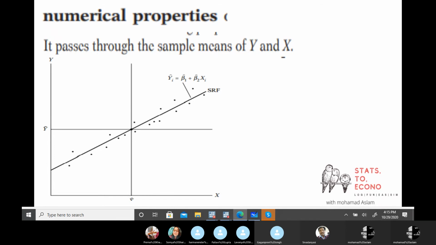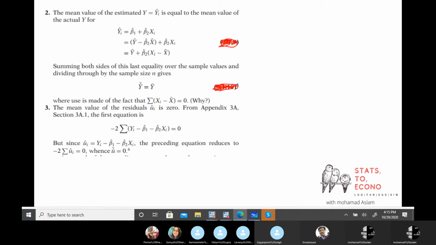It's only possible when summation u hat is equal to 0, and that's why we have this other property. The third property is that the mean value of the residuals is 0. This follows from the second. If you join these three properties, one is interconnected with the other. So this is the third implication: the average value of the residual is 0. It means at many points the actual is more than the estimated, and at many points it's less than the estimated.